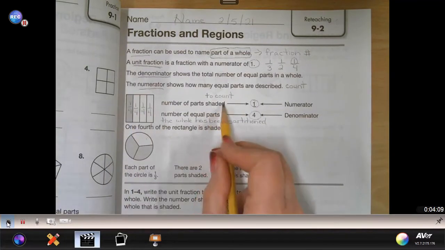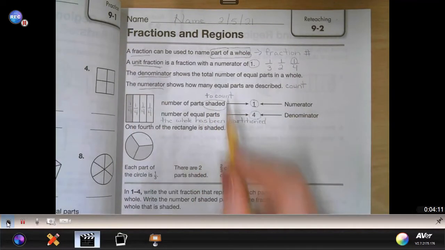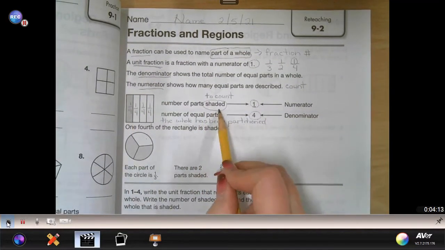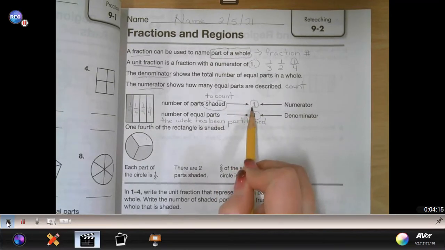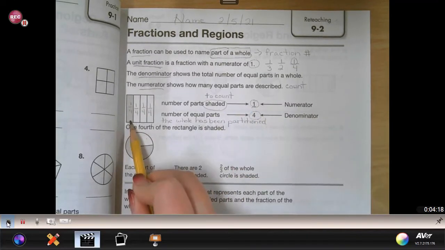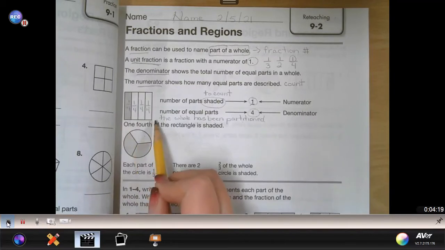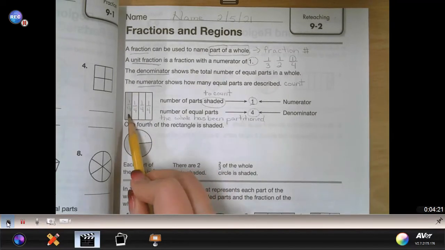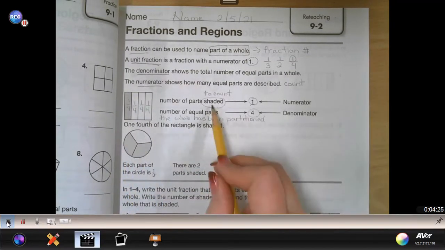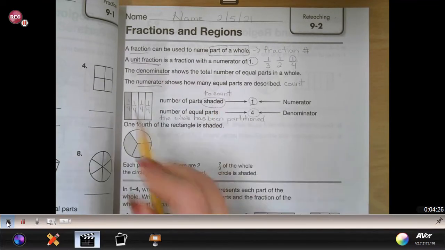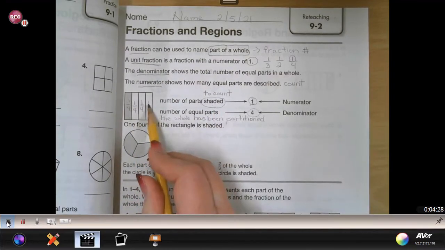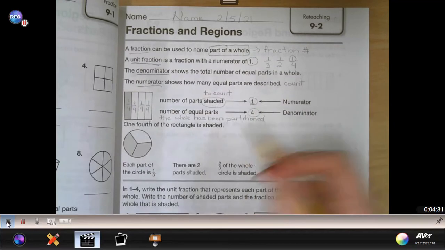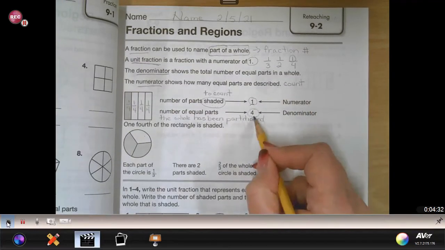Now, they're asking for the shaded parts. So when I see shaded parts, I'm only going to count the parts that are shaded out of the total 4. So I have 1 shaded piece. Now, if it had said unshaded, I would have counted 1, 2, 3. There would be 3 unshaded parts of the 4.